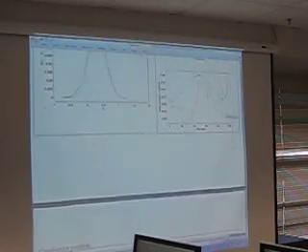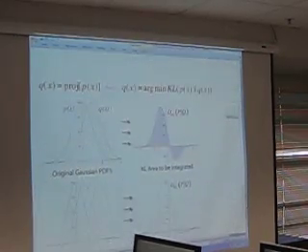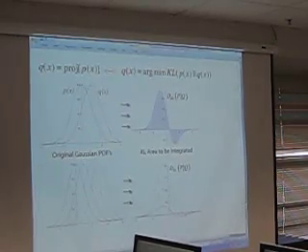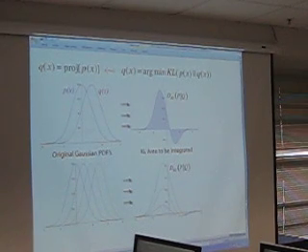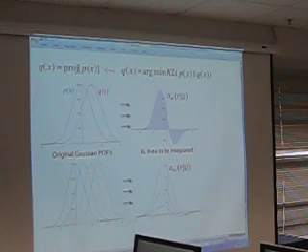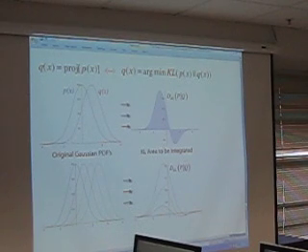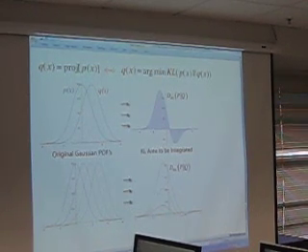The last thing I want to say is, at the bottom we have some P(x), and one P(x) is the blue one, and some Q(x) is red, yellow and green, and you can see the value of KLD.